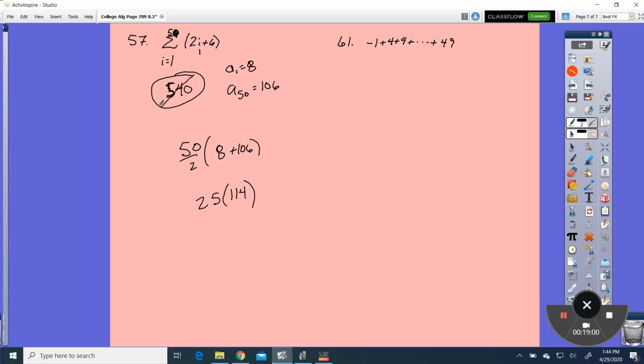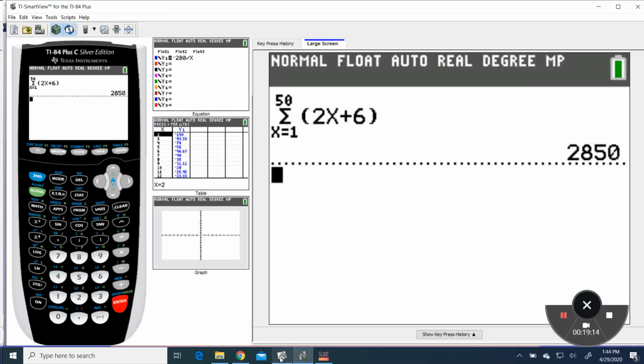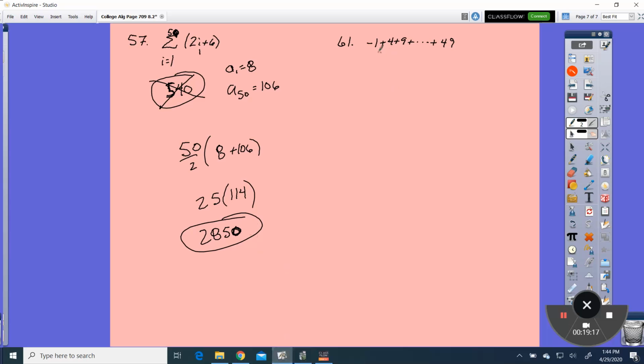So that's not right. Second, enter. There we go. So 2,850. So now on this one, I don't know how many terms there are. I know I'm adding 5 each time, so my difference is 5. So I know my last number is 49.